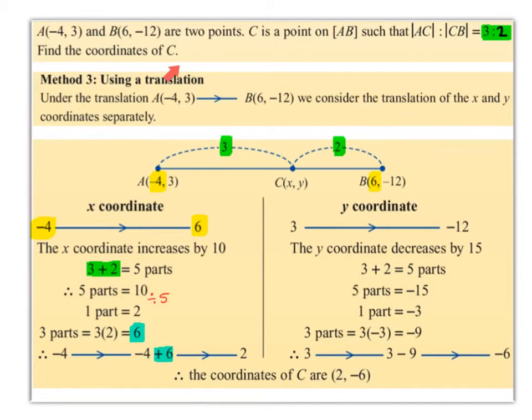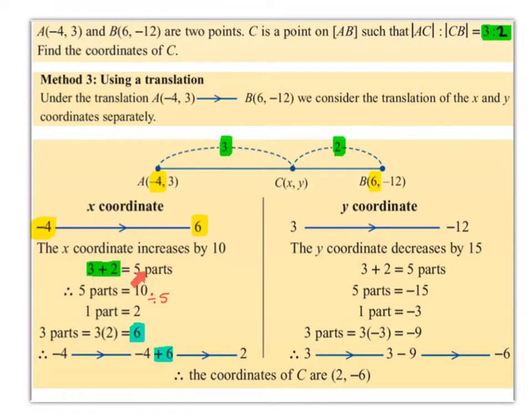So now we're going to have a look at using a translation. So under the translation A (minus 4, 3) to B (6, minus 12), we consider the translation of the x and y coordinates separately. So to get from minus 4 to 6, the x coordinate increases by 10. So minus 4 plus 10 is 6.